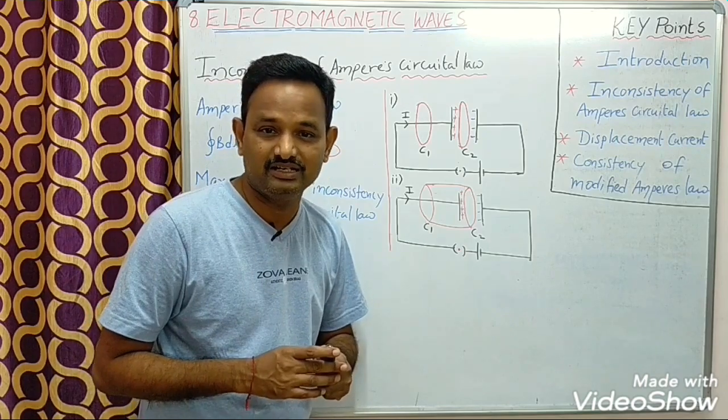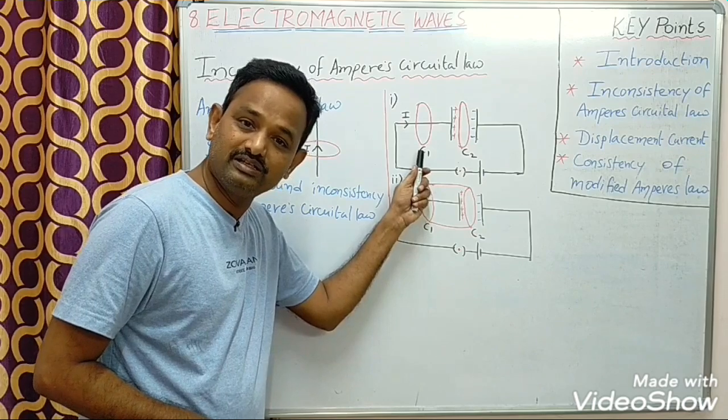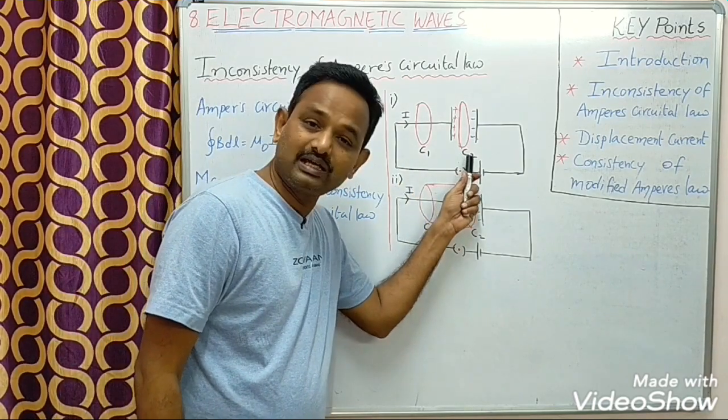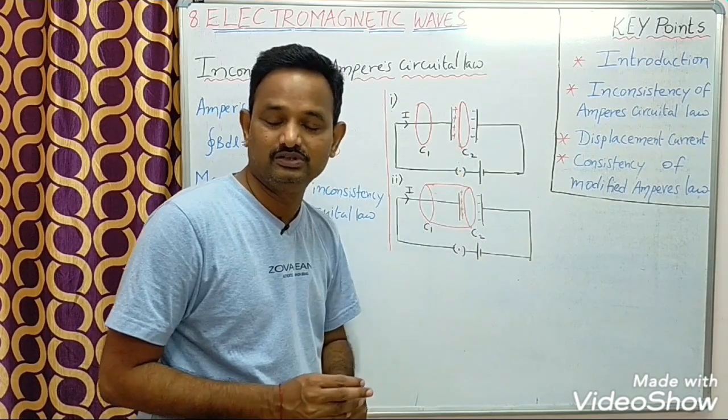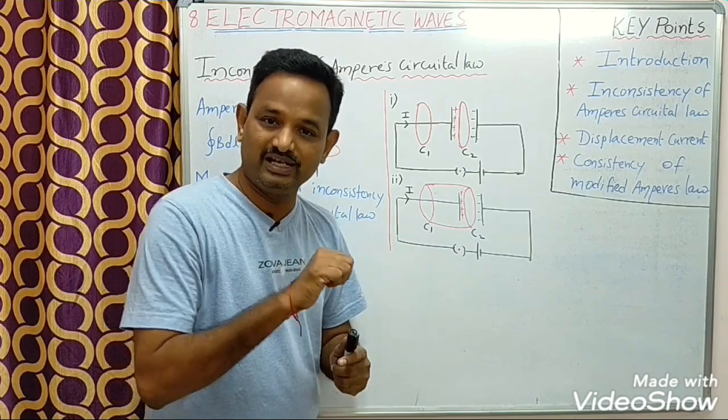Here, he considered two loops. One loop is outside the capacitor, that is C1, and the other loop is in between the capacitor plates, that is C2. For loop C1, he applied Ampere's circuital law.